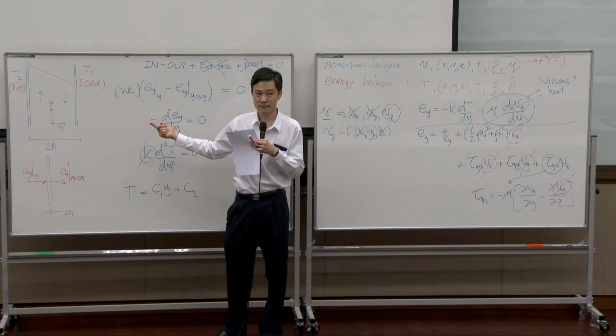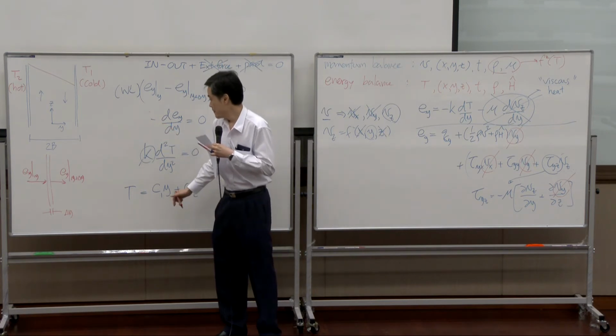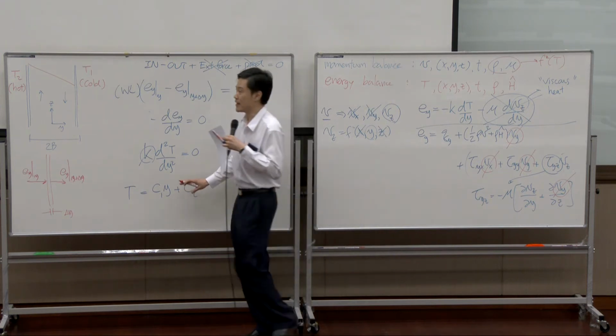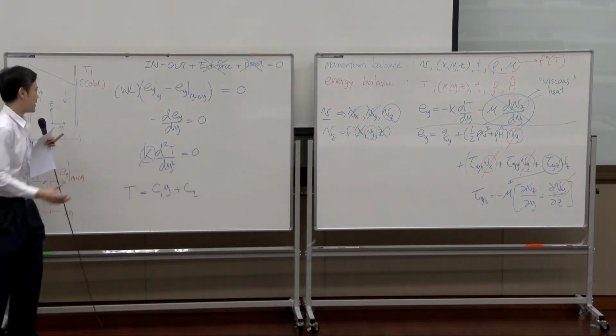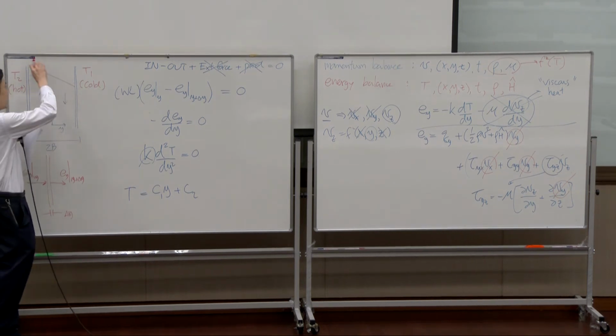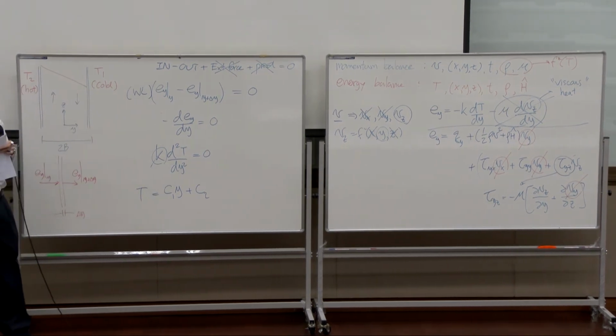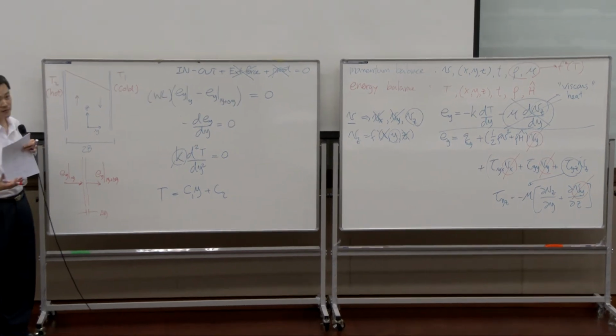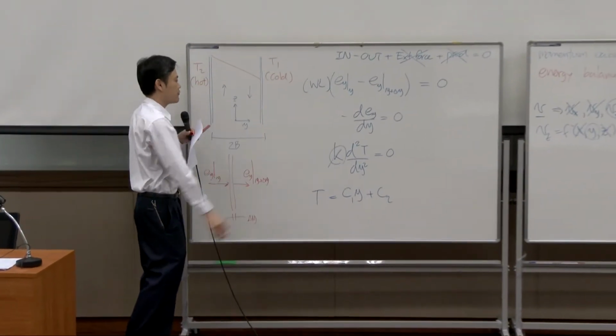You don't have to do this at all if you understand the problem and you said from the very beginning that the flow is so slow and I am going to assume this to be linear. If it is linear, I'm implying conduction dominating. Right? You get this linear line right away.